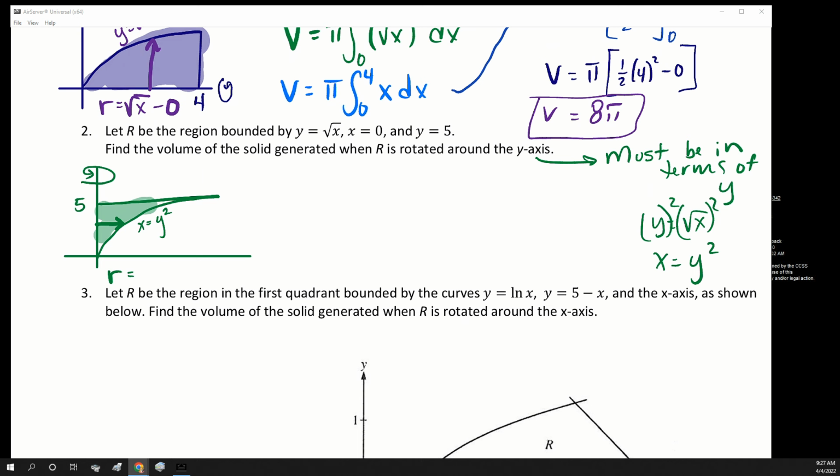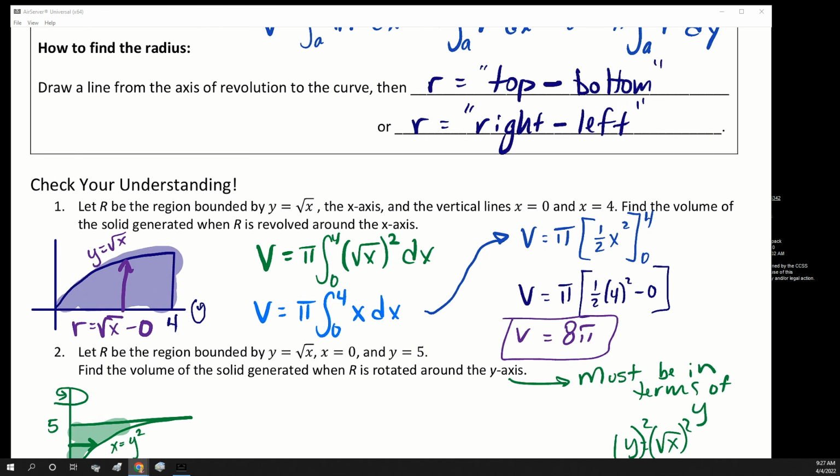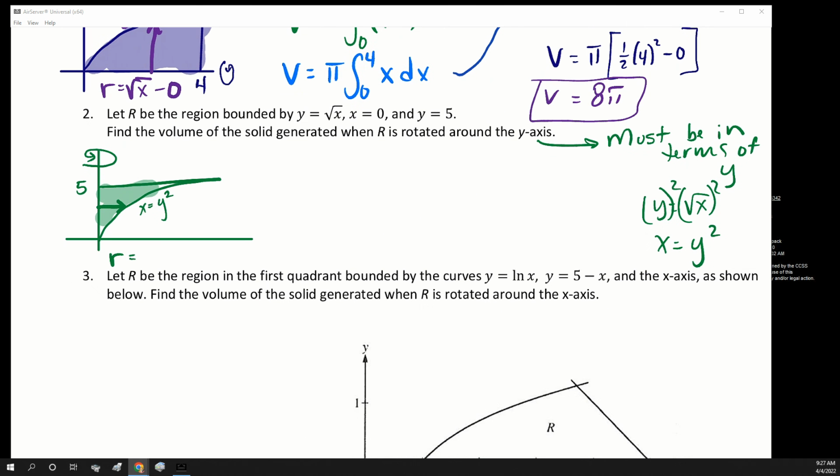All right. So our radius, in this case, is the second situation where we're going to do the right minus the left. So the right is y squared. This time the left is 0. So it's y squared in terms of y. So when we set up our volume integral, because our function is in terms of y, our upper and lower limits have to be y's.